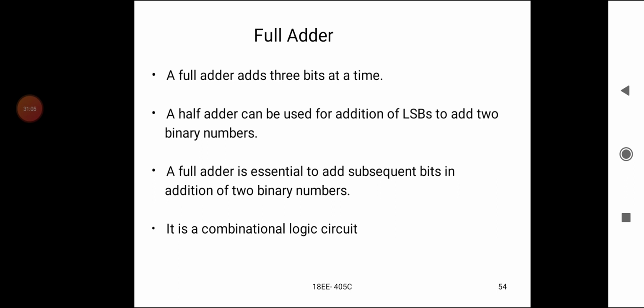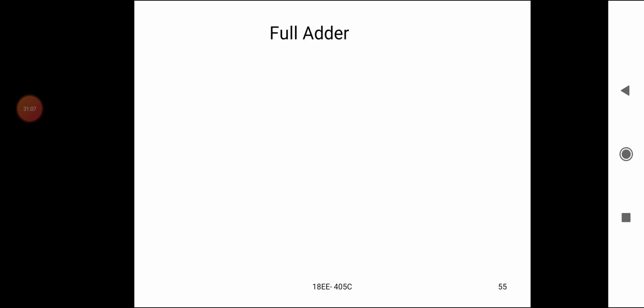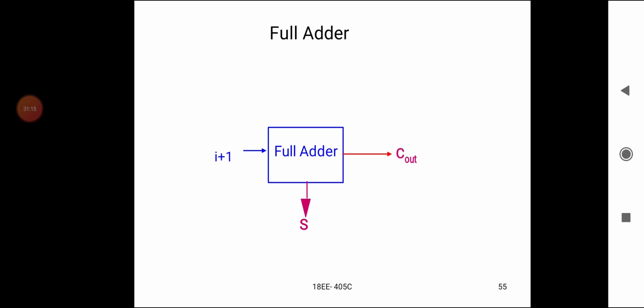It is a combinational logic circuit. Full adder receives inputs A, B, and C-in, which is 3 inputs, addition of 3 bits.